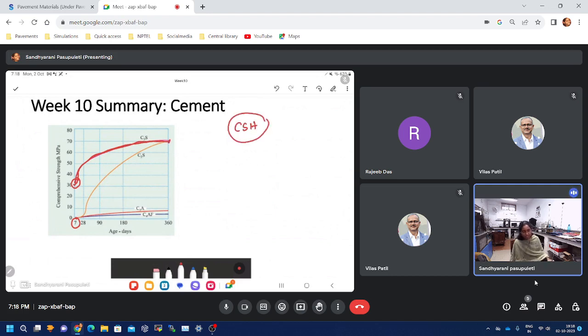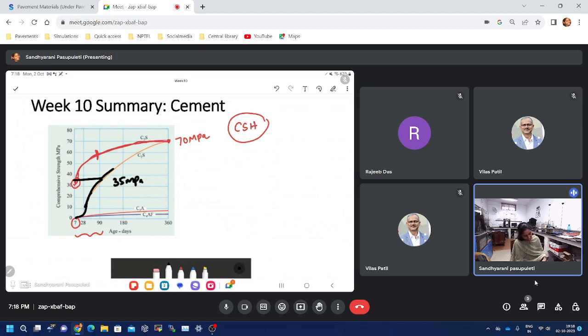As it is forming the CSH gels, the strength reaches around 70 megapascals. You can also observe that a maximum of around 60 megapascals is attained within 90 days, that means in the early days. But if you look at the C2S, which is dicalcium silicate, at 90 days the strength is only around 35 megapascals.